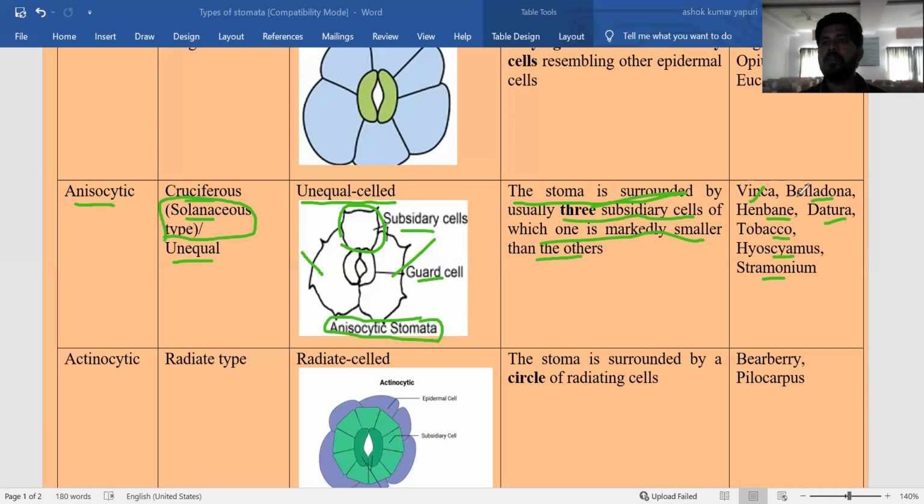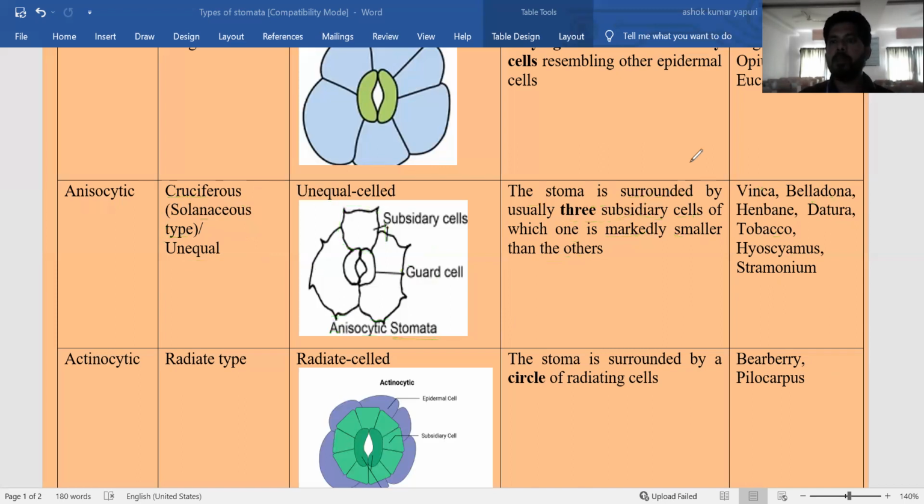Belladonna, Henbane, Datura, Tobacco, Hyoscyamus and Stramonium are all tropane alkaloid plants belonging to the Solanaceae family, and they have anisocytic stomata. The other names of anisocytic stomata are cruciferous, solanaceous or unequal, and the examples are Vinca, Belladonna, Henbane, Datura, Tobacco, Hyoscyamus, Stramonium.